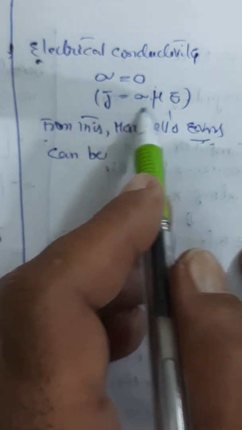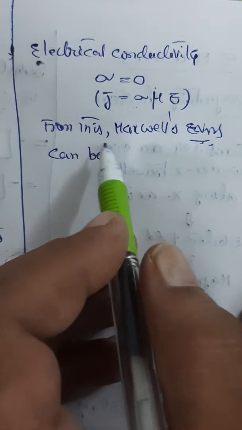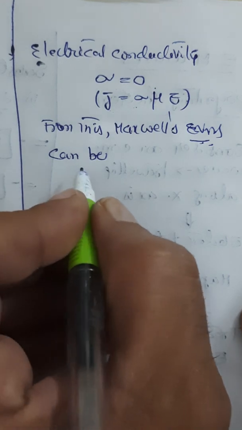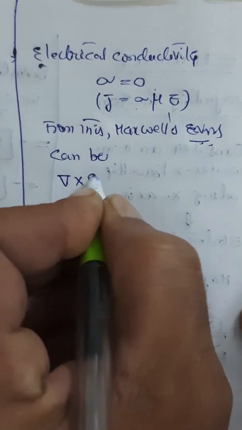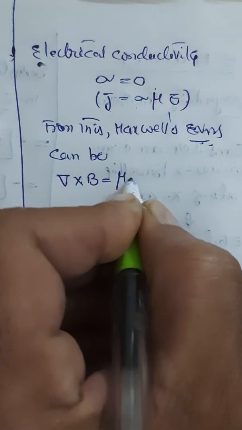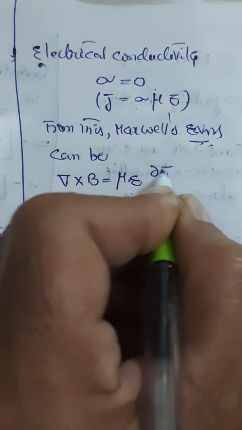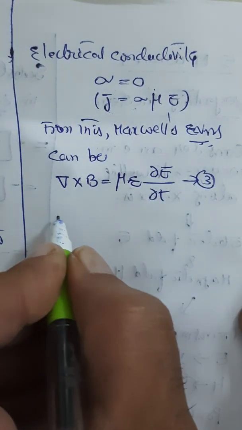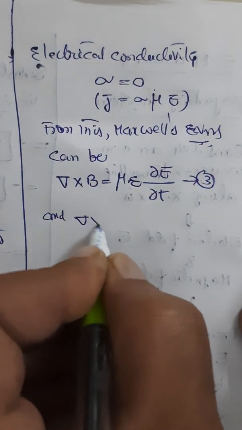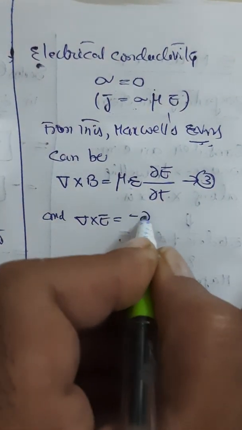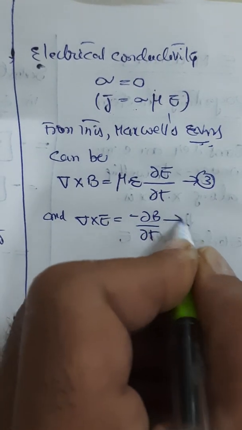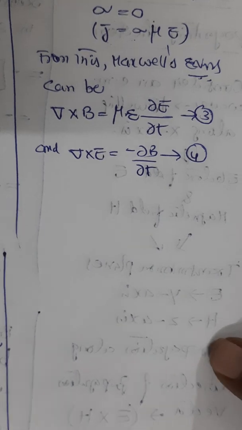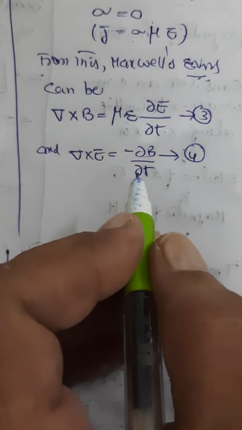This is the current density equation, and from this, the Maxwell equation can be written as del cross B equals mu epsilon dou E by dou t, equation 3. And del cross E equals minus dou B by dou t, equation 4. This is how Maxwell's equations get modified in the case of a perfectly non-conducting medium.